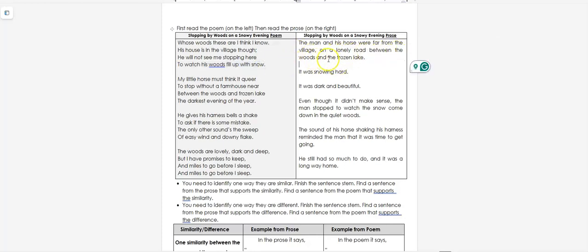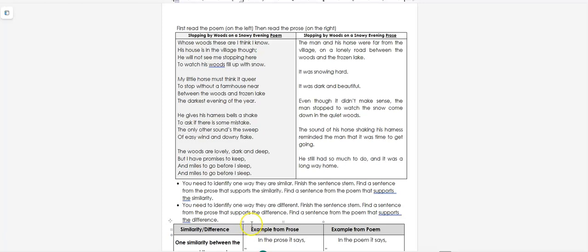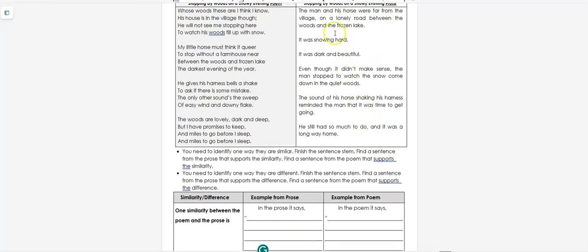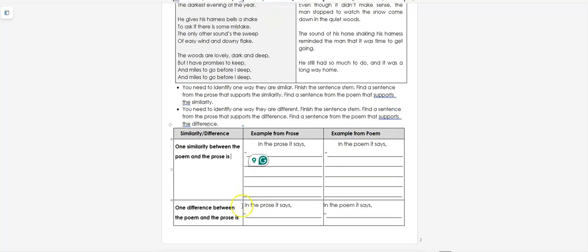Then you can give a line from the poem that says, to watch his woods fill up with snow, and for the prose you can say, the lonely road between the woods and the frozen lake. That is an example of how they are similar.